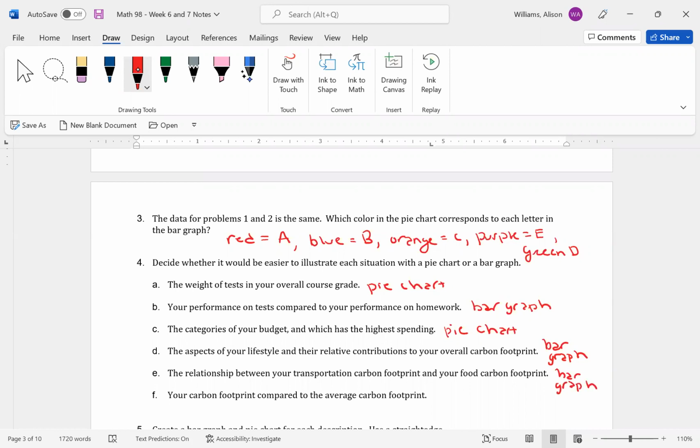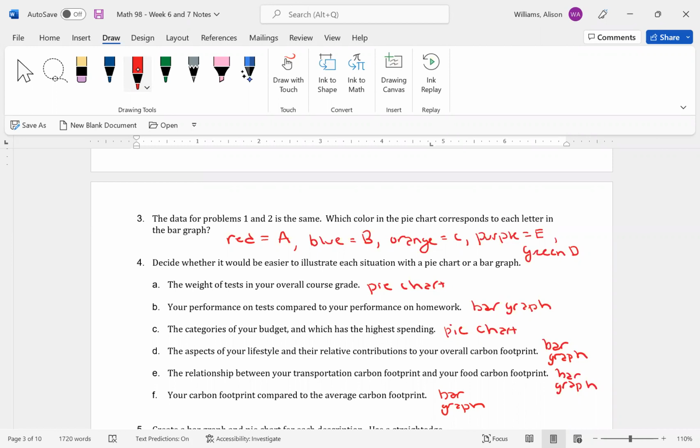And your carbon footprint compared to the average carbon footprint. Again, I feel like a bar graph. So I feel like if we're going to do comparisons, we really do need a bar graph. I think then that we might be able to argue part D could possibly be a pie chart, because we could see which ones are overall having the largest impact in our own life, since we're talking about just our lifestyle.